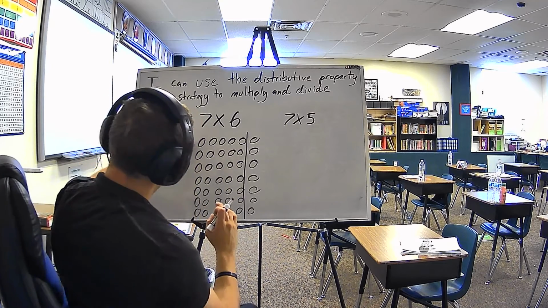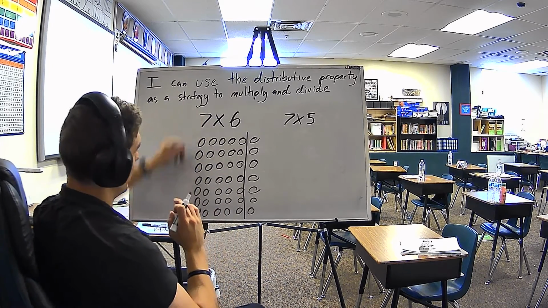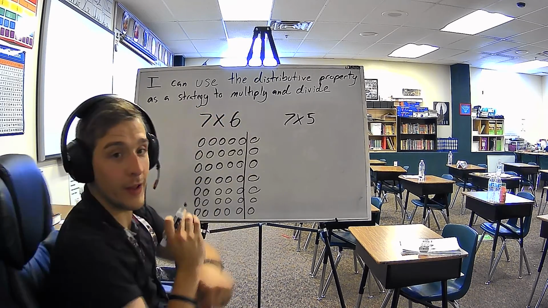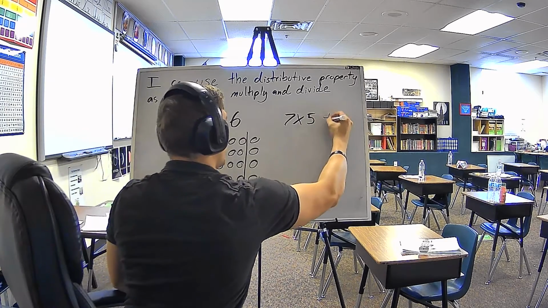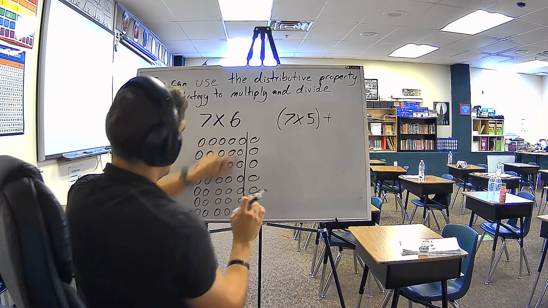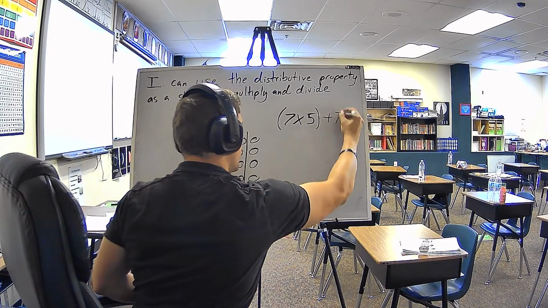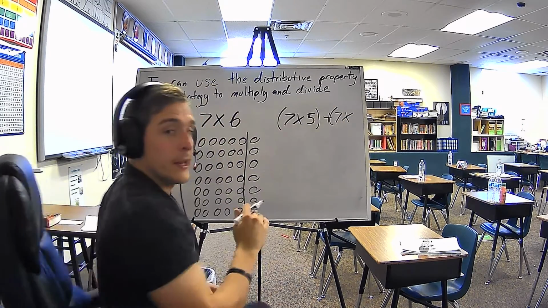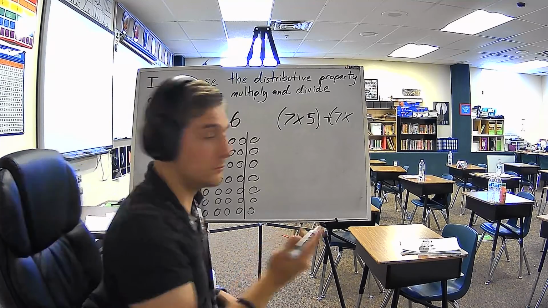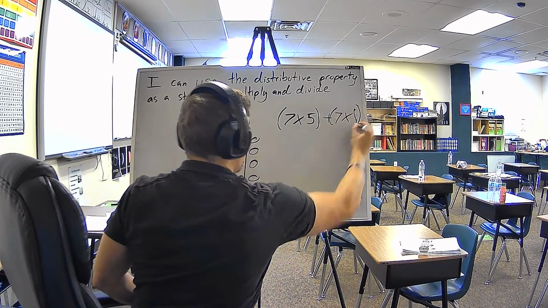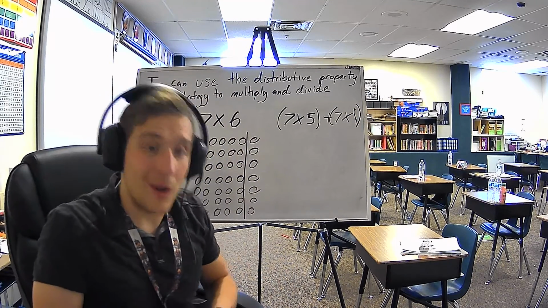So there's 1, 2, 3, 4, 5, 6, 7 with 1, 2, 3, 4, 5 in each group, plus, how many groups are here? 1, 2, 3, 4, 5, 6, 7 times, and how many are in each group? 1. So this is something you are allowed to do.